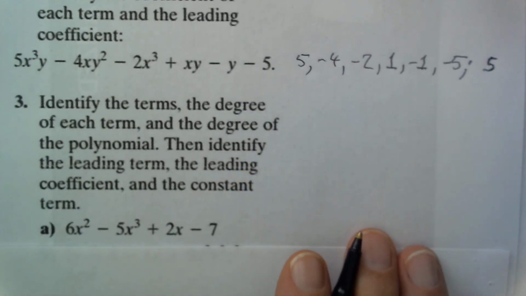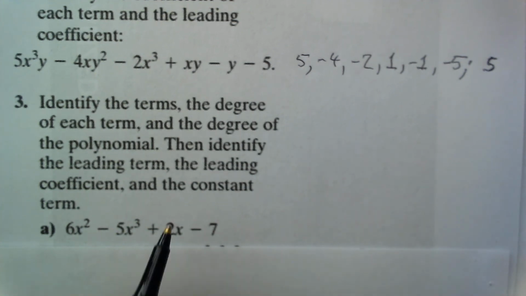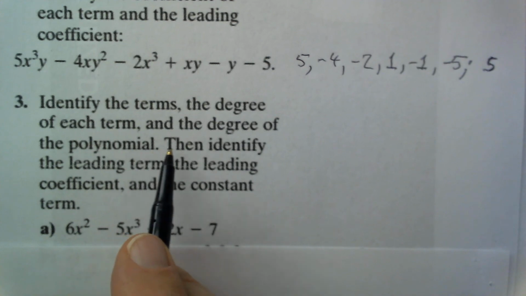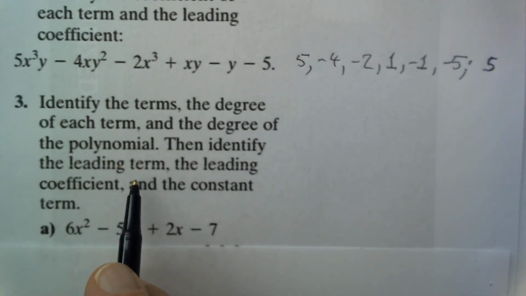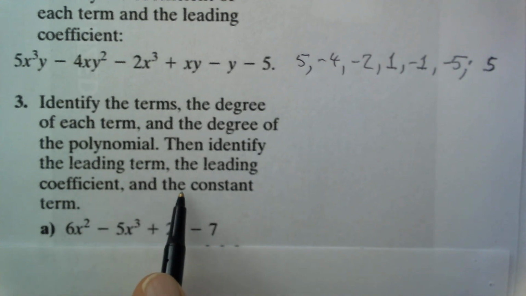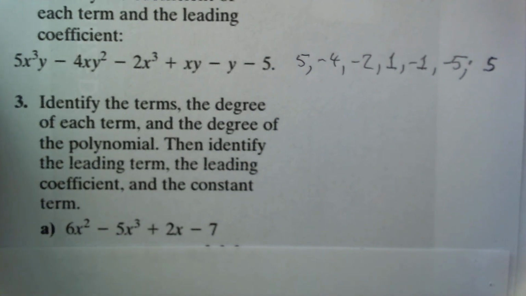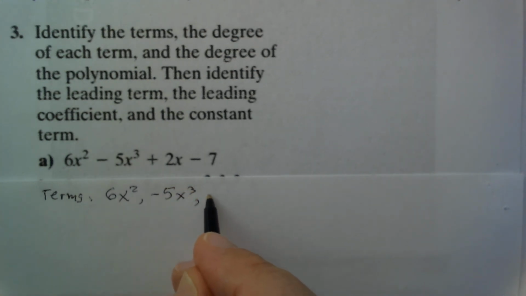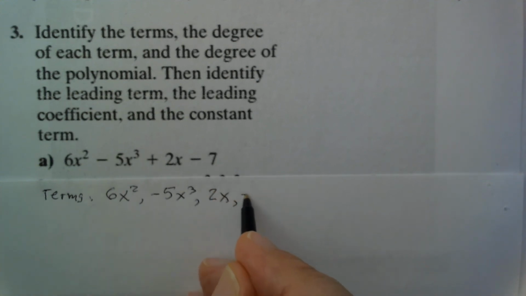The next exercise asks us to do several things. Identify the terms, the degree of each term, and the degree of the polynomial. Then identify the leading term, the leading coefficient, and the constant term. So for the A part, the terms are 6x squared, minus 5x to the third, 2x, and minus 7.